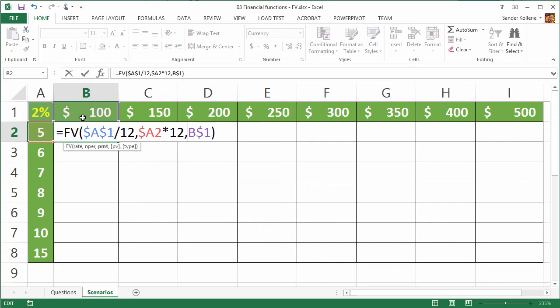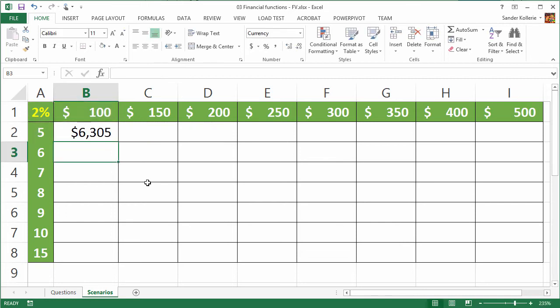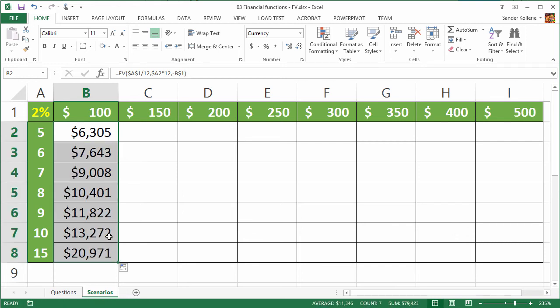So this is, again, the value, and we need to put it as a negative value, so minus. And now we press enter. And we can see that if we have $100 a month for 5 years with a 2% interest, we get $6,305.